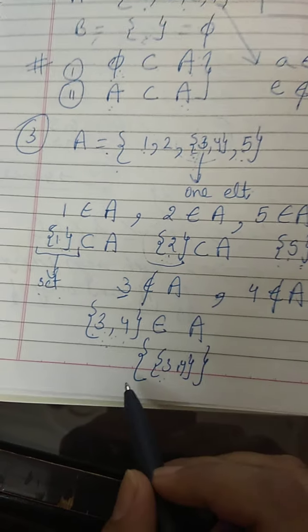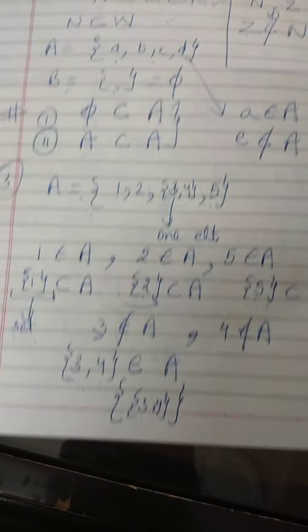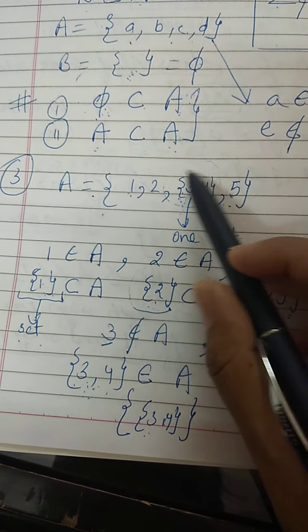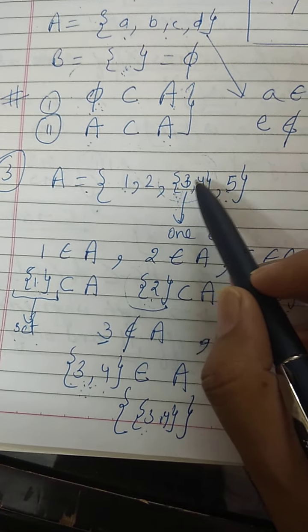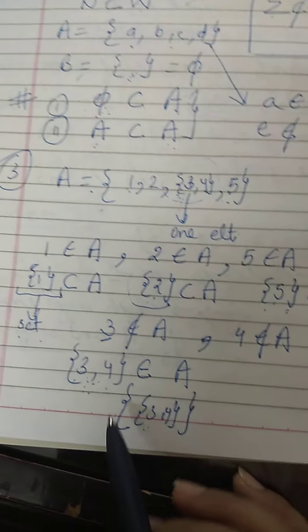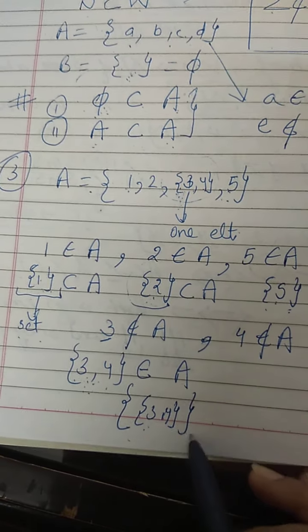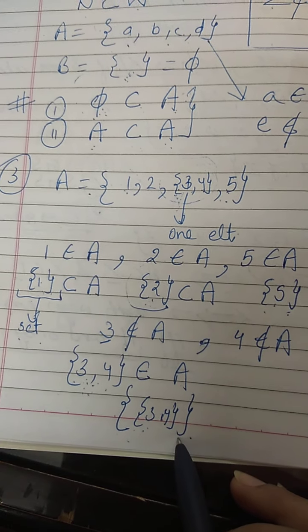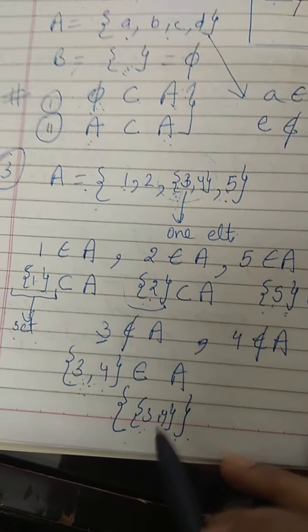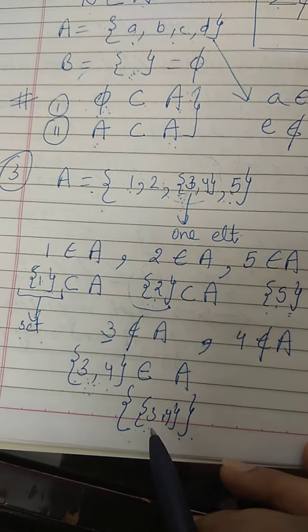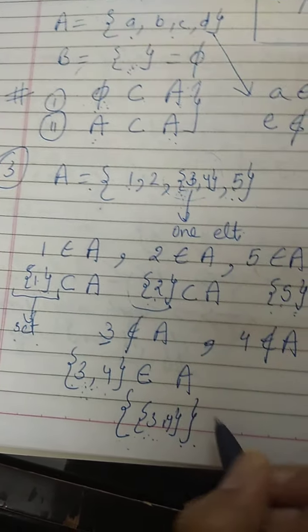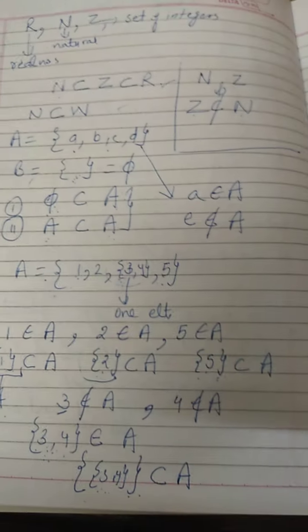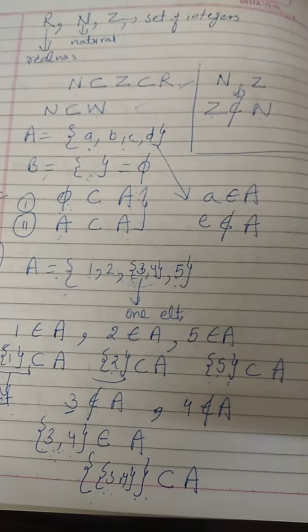No doubt it has 2 braces, but it's okay, because this is given in the set A as an element. So if I want to make it a set, I have to write this element within curly braces again. So when I write this element within curly braces, it has become a set, and the set containing this element is a subset of A. This concept is important, right?